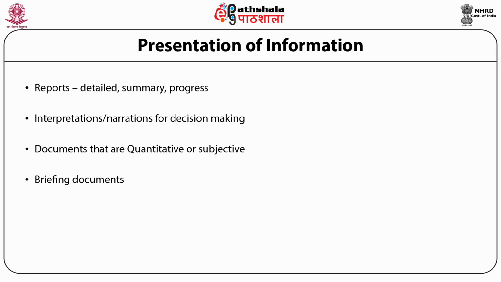Briefing documents are usually required by top level management, including planners, policymakers, and decision makers. Usually, this level of management doesn't have any time to go through several documents. So, experts or many times some other top level managers go through several documents and prepare a brief for this level of management. So these are referred to as briefing documents.